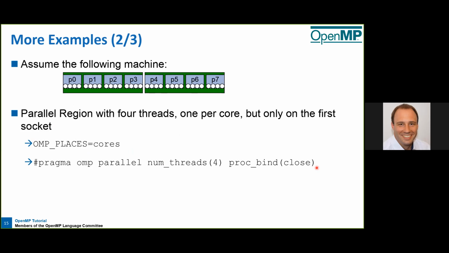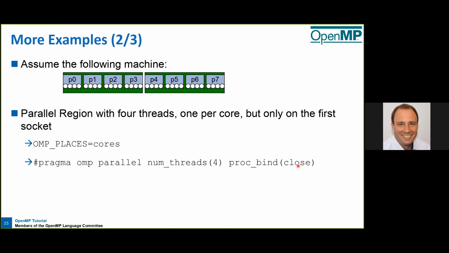Second example, now we are asked to use 4 threads, 1 per core, but only on the first socket. We say OMP places equals cores, parallel num_threads 4, proc bind close. So if the first socket has 4 or more cores, that means it has 4 or more places, then these 4 threads will all remain on the first socket, because they will go to places 0, 1, 2, and 3.